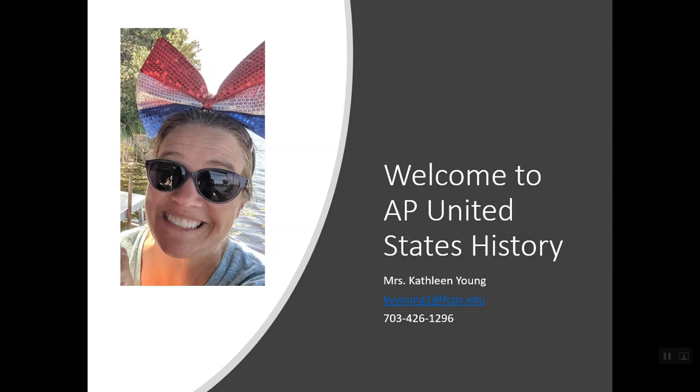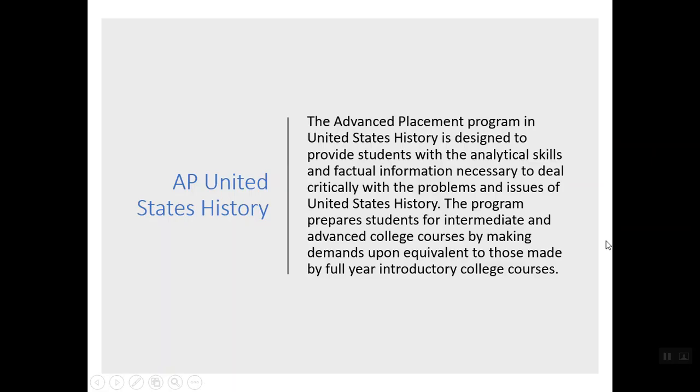Okay, so let me give you some information about the course. This is a college level course taught at the high school level. The idea is that we are designing this class in order to provide students with the skills and factual information needed to deal critically with the problems and issues of United States history.